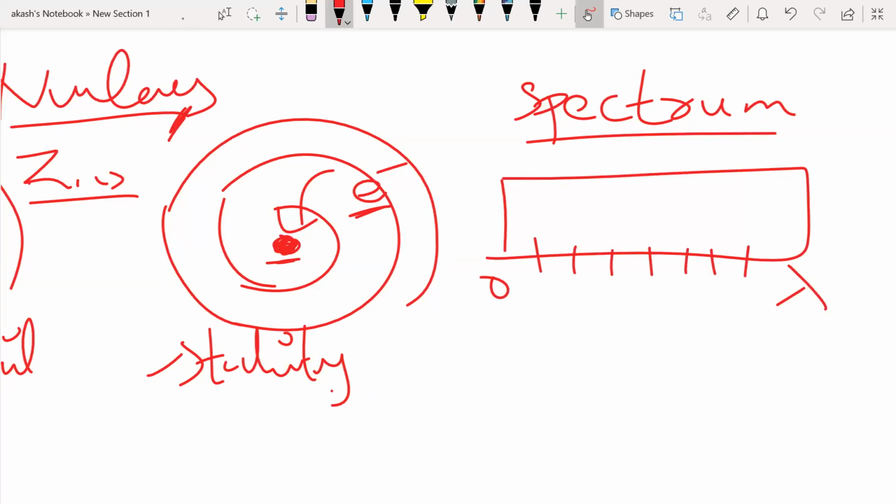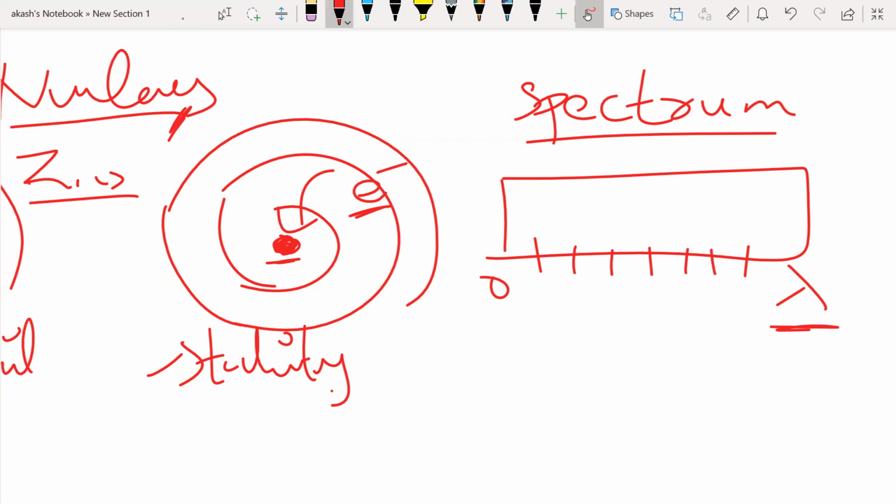This is what is called a spectrum. In the spectrum we have gamma rays, x-rays, microwaves, radio waves, UV light, visible light, the IR region. So many things are there, and obviously all of them have different wavelengths.